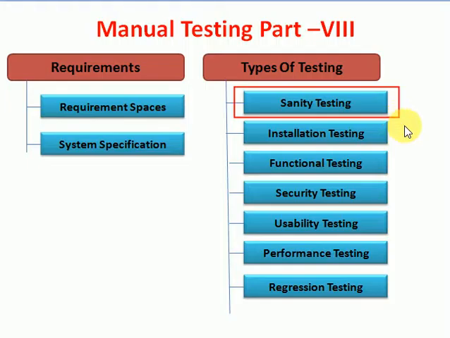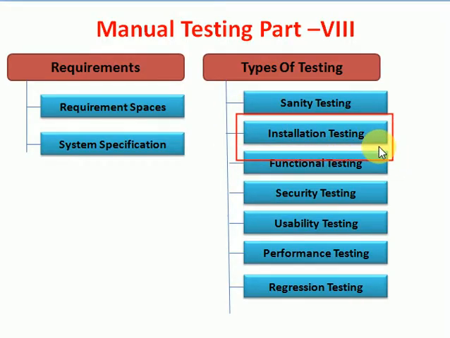Another type of testing in system testing is the installation testing. Installation testing involves deploying the system onto the test environment, or it can be just deploying the system on one of the different possible test environments. Then a major type of testing within system testing is the functional testing.